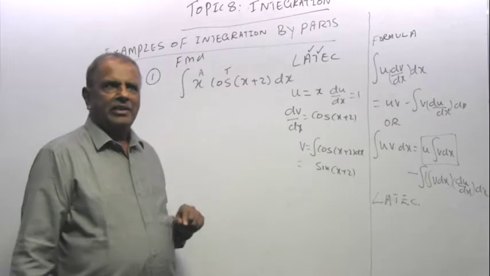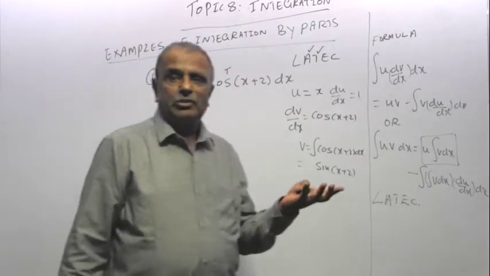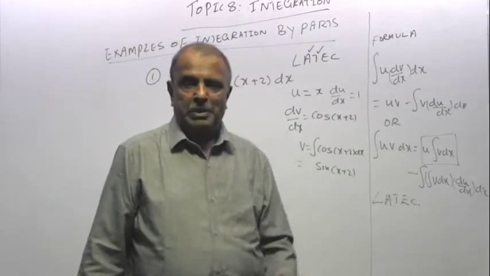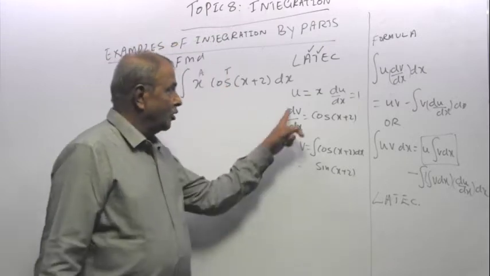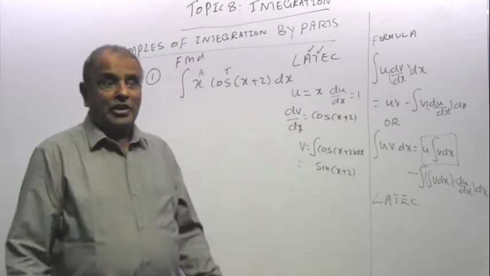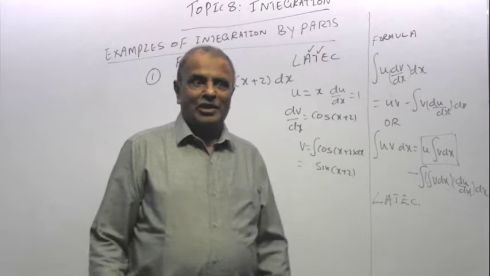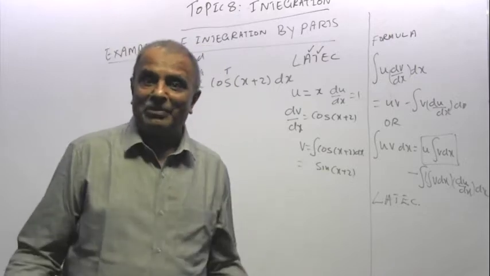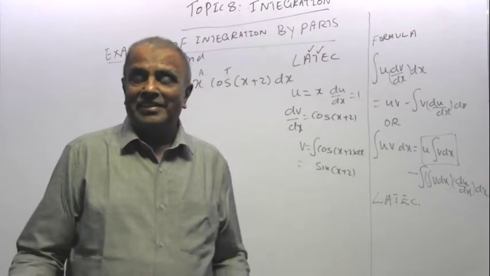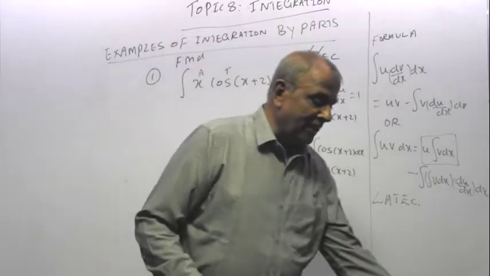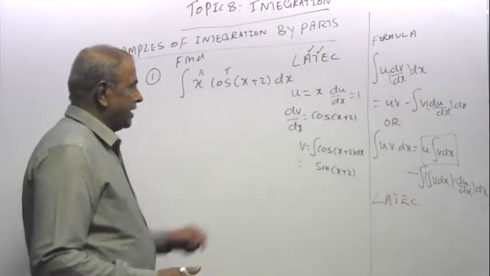Why I write it is, there have been occasions when I used to mark papers, students wrote dv by dx, and for some reason, they said v is a derivative of that. I don't know why. I just can't figure out why. That's why, to make it clear, I have written it down.